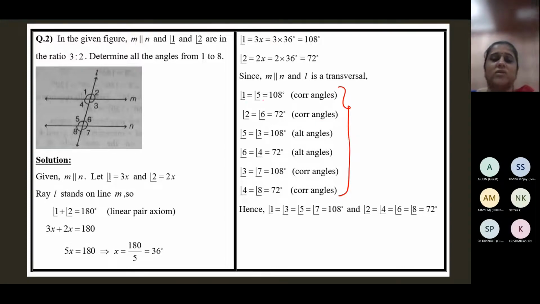I have written angle 1 is equal to angle 5 and so on, but all of you need not have the same pattern. You can also use alternate angles. You try first, or maybe you can write on this first and then I'll tell you what else you can do. As you're writing, if you have any questions, please ask me.